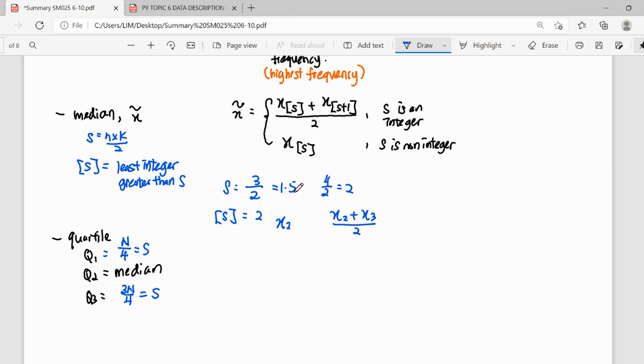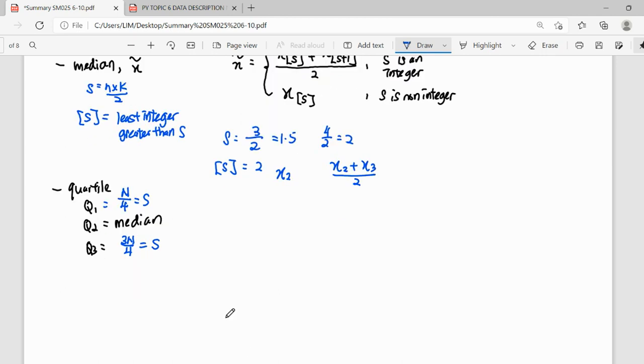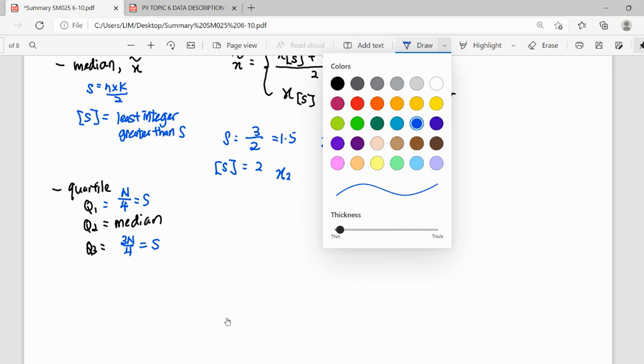So when your location is non-integers, kita akan baca data untuk integers yang seterusnya, iaitu 2. Kalau kita dapat location kita adalah integers, maka kita akan baca data untuk tempat tersebut dan seterusnya, the next coming integers. Okay, so if you see your percentiles, they are also the same.